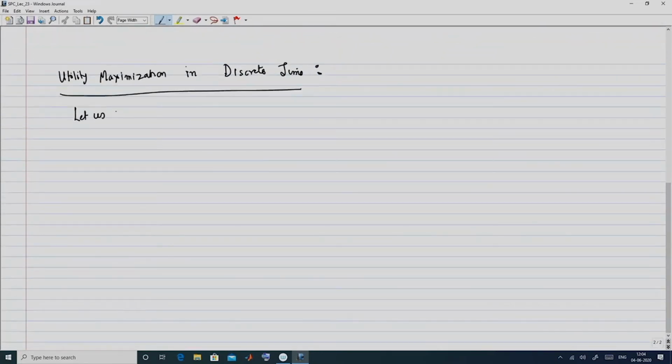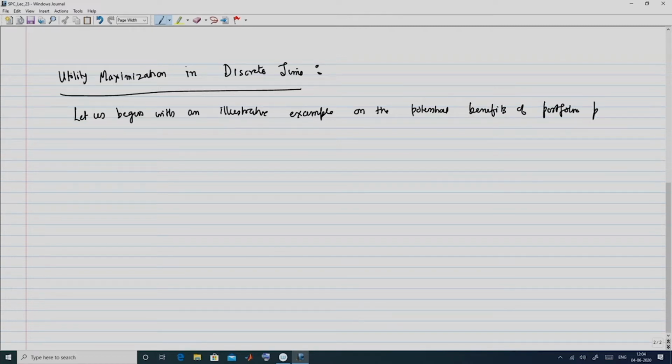So, let us begin with an illustrative example on the potential benefits of portfolio positions being rebalanced over time, and in accordance with that we consider two alternative investments.